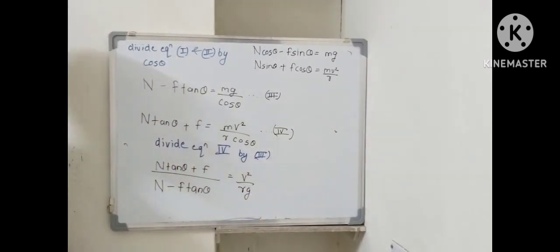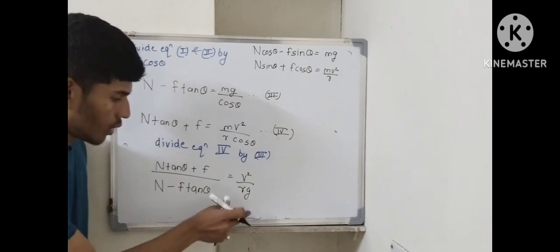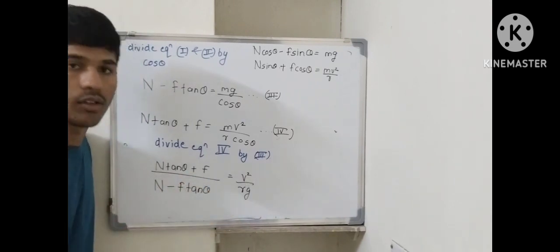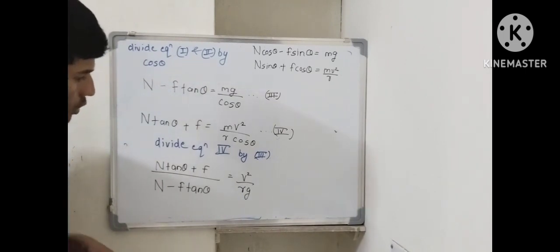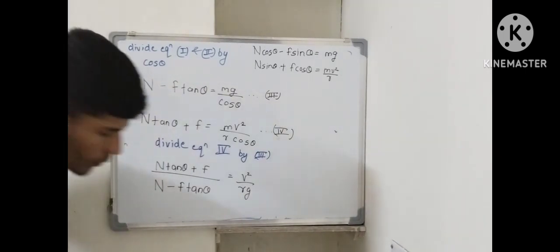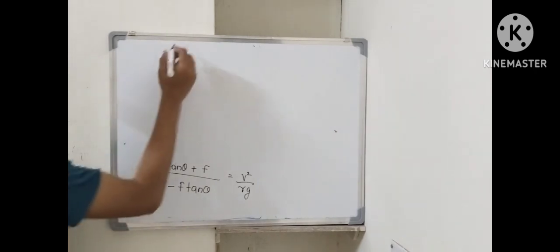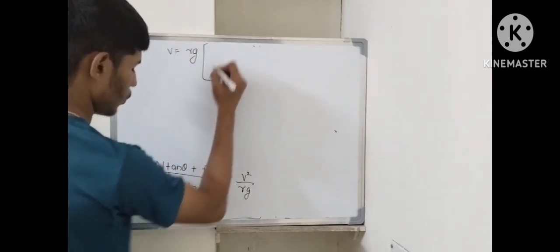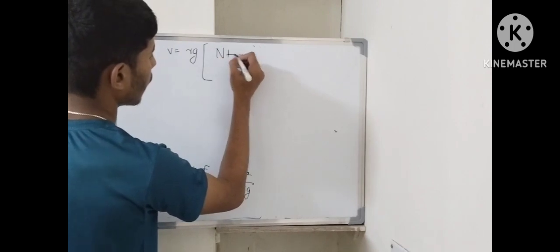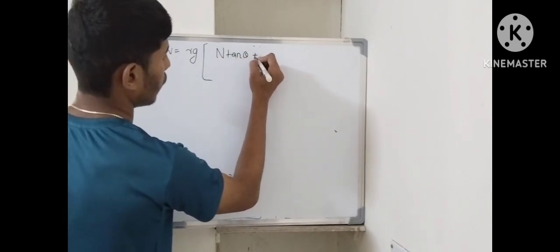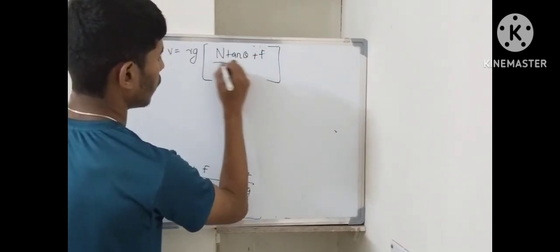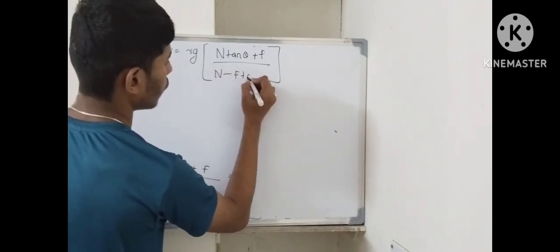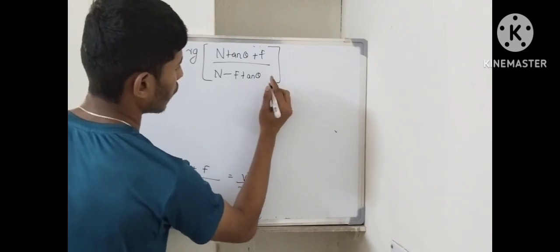The same we will do as the previous one. We will shift rg to the left-hand side, as we have to find the v. So v is equal to rg into n tan theta plus f upon n minus f tan theta.